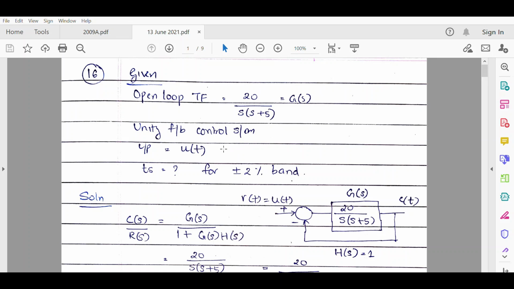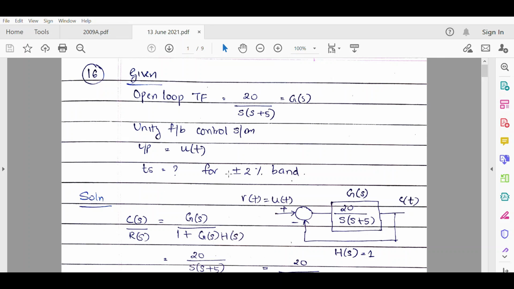The input is a unit step input, represented by u(t), and they want us to determine the settling time, where the band that defines the settling time is given as plus or minus 2%.